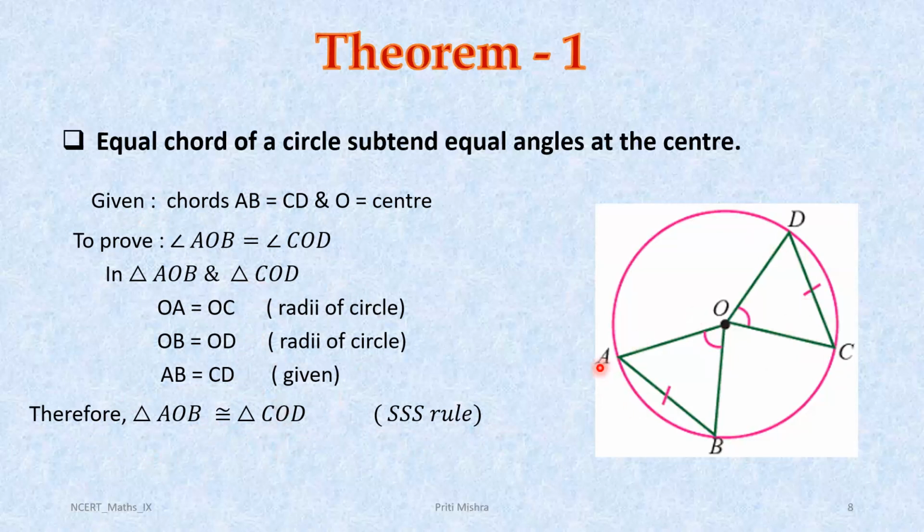Then with the help of congruency, now we can say angle AOB is equal to angle COD because corresponding parts of congruent triangles are equal. So by CPCT, we can say these two angles are equal, and this we had to prove. So thus we proved our theorem here. So this was the first theorem.